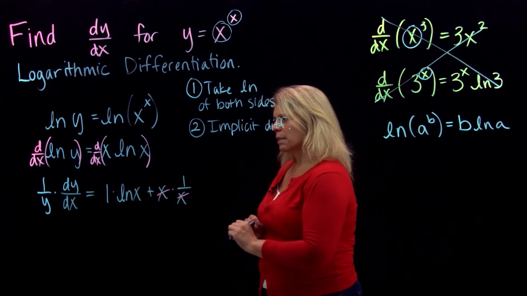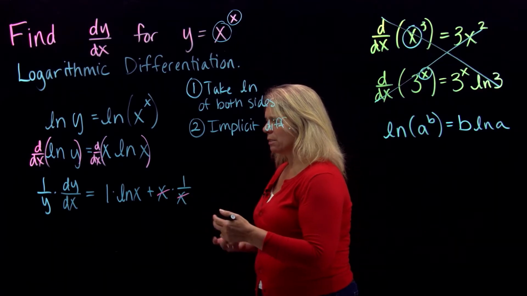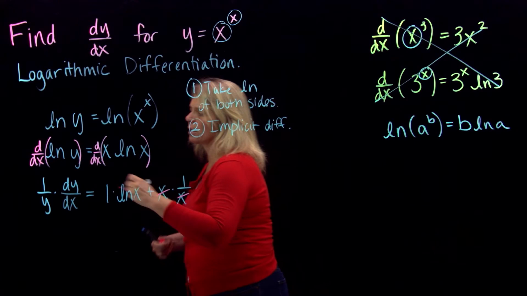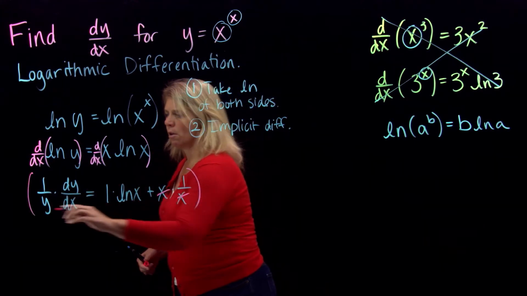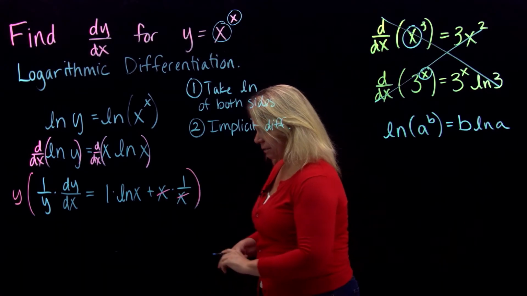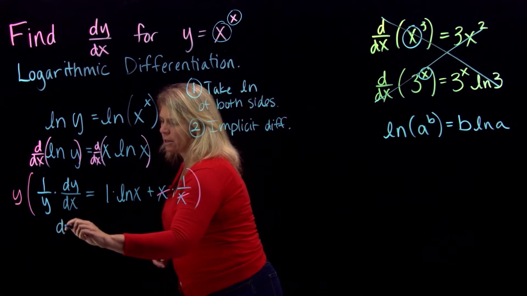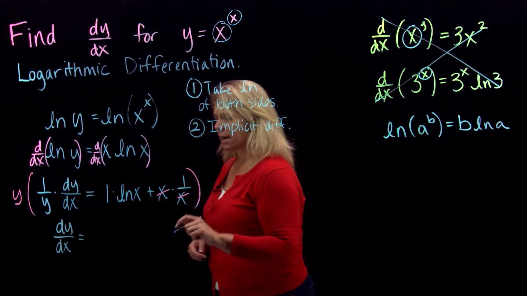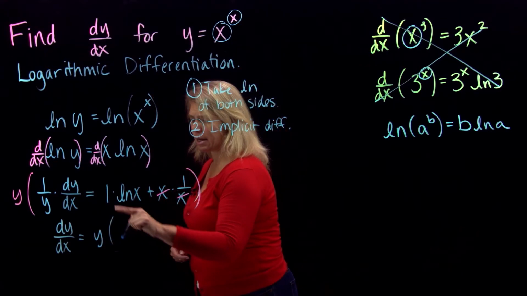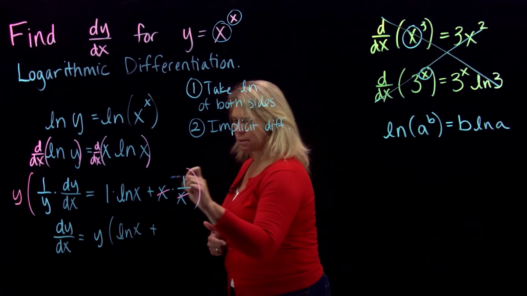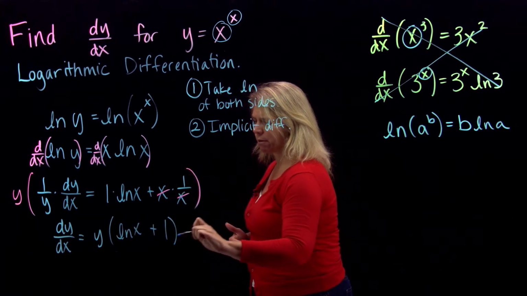When you use implicit differentiation, at the end you need to solve for dy dx. I cleaned up this side of the equation, and I'm also going to multiply through by y so that I've solved for dy dx. So on this side I'll have dy dx equals, and on the other side y times this whole expression, ln x plus the 1 I got from simplifying.